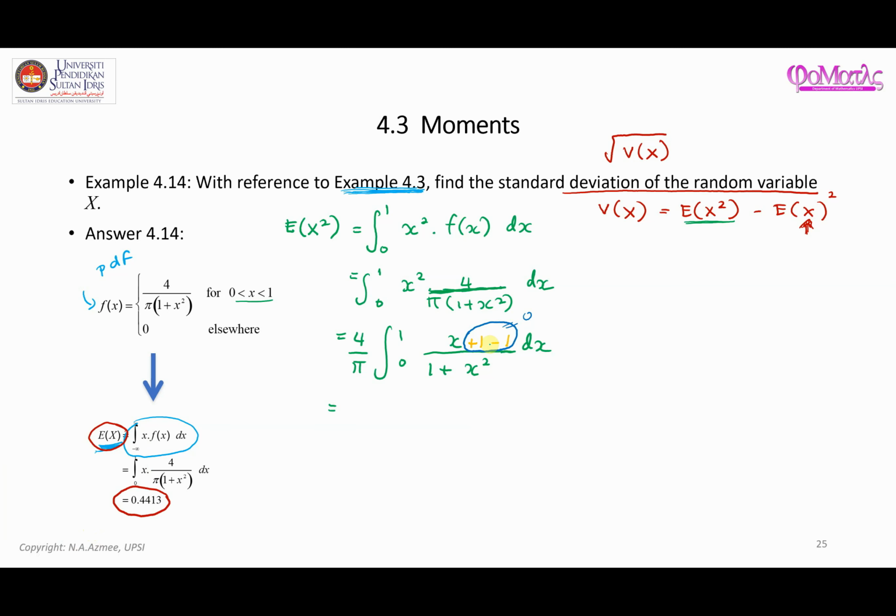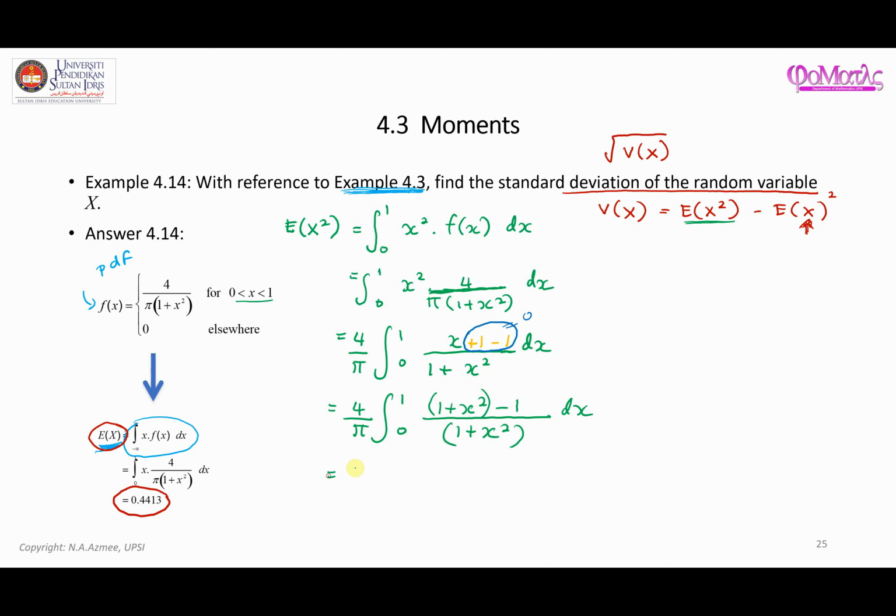Although introducing plus 1 minus 1 doesn't change the original expression, this process of manipulation is important, because then I will be able to rearrange this part here, and express 1 plus x squared minus 1 over 1 plus x squared at the bottom part, and also dx.